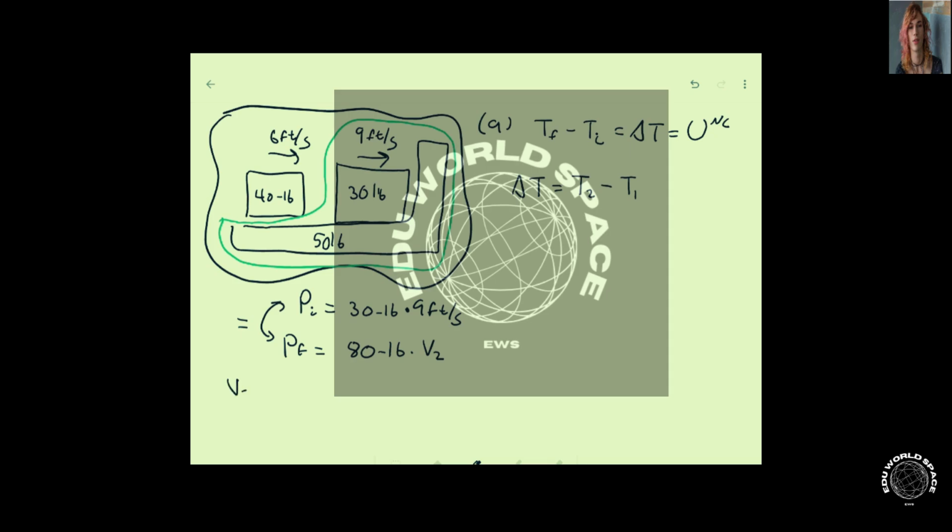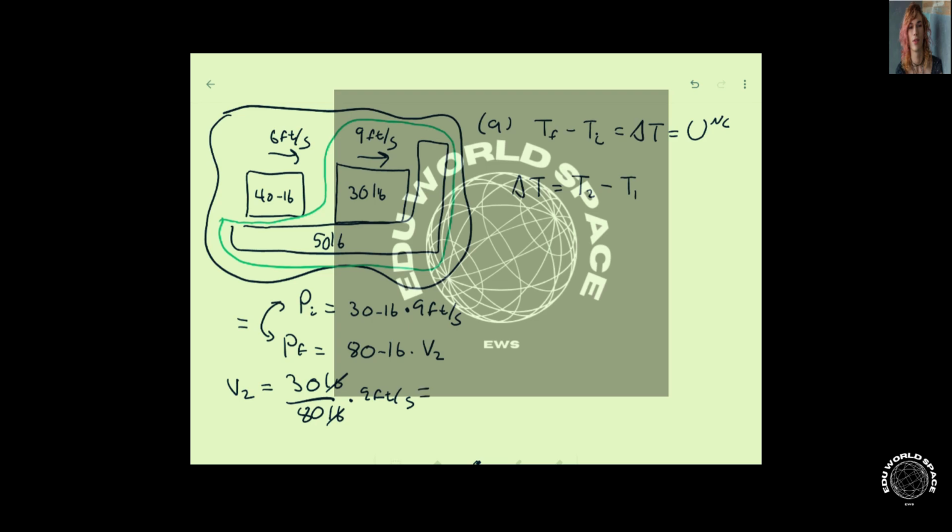So the velocity of the 30-pound suitcase and baggage carrier combined immediately after the worker throws the 30-pound suitcase is going to be 30 pounds divided by 80 pounds multiplied by the 9 feet per second. Here our pounds cancel, so we don't have to worry about converting pounds to slugs at this point.